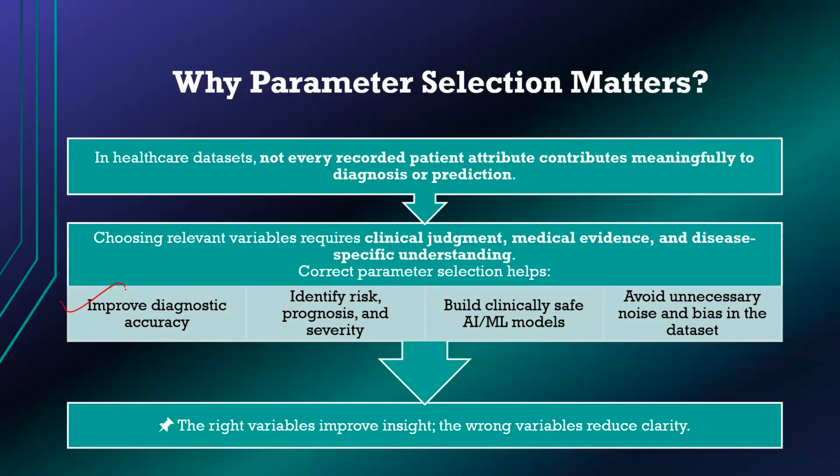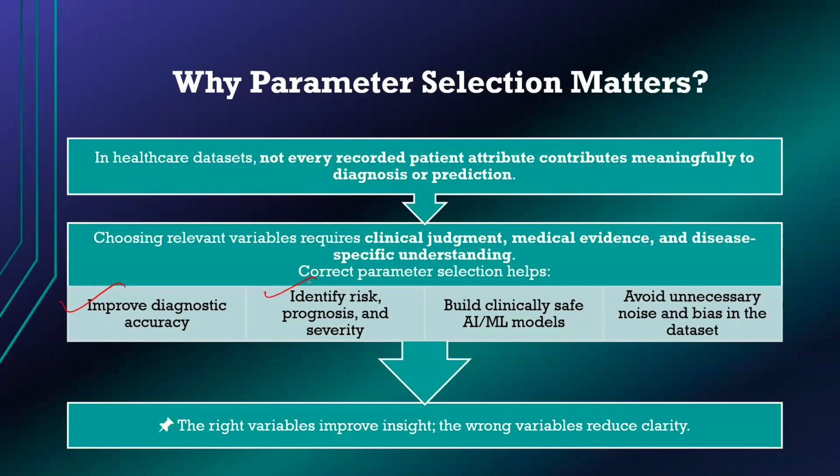Like maybe if you are from some engineering domain, not from the core medical health domain, a researcher who is trying to work on patient conditions, while working in an interdisciplinary research field, they may need to collaborate with some experts from the medical community, and they can help guide you on what kind of essential variables can assist you to improve diagnostic accuracy. And there should be variables that help you to identify risk, prognosis, and severity of the disease, so that the AI model can understand those things pretty well for any kind of decision making.